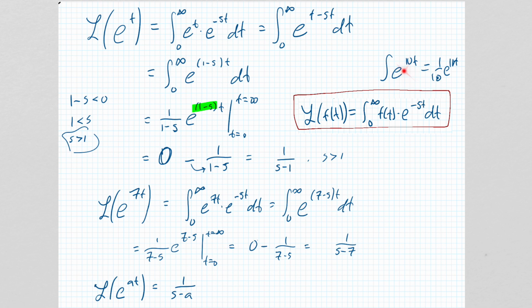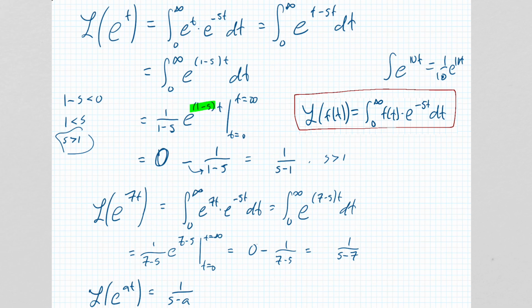Integral of e to the 10t just becomes 1 over 10 times the same thing. So, up here, this piece acts like the 10. So I'm going to divide by it, 1 over 1 minus s times e to that thing with the t, evaluated from t equals 0 to t equals infinity.